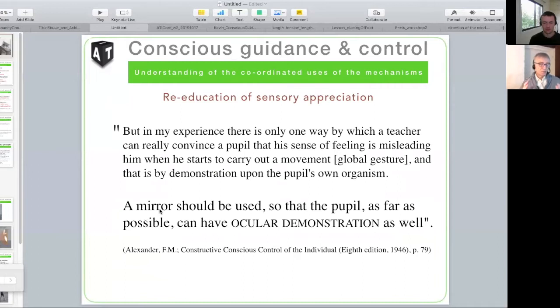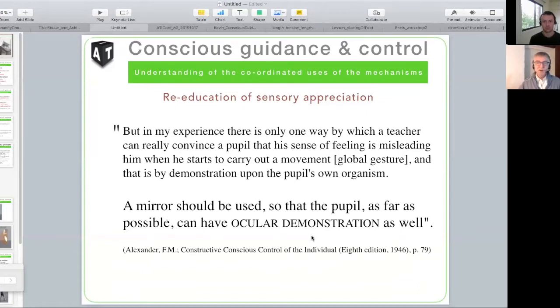Because if you want to convince somebody that the sense of feeling is misleading when he's carrying out a gesture, you can talk for hours and people will say, well, I don't think so, that's your idea, but for me, no, my sensory appreciation is correct. So then Alexander points to a solution, which I call the procedure of conscious control, and it is very simple: to provide an ocular demonstration.